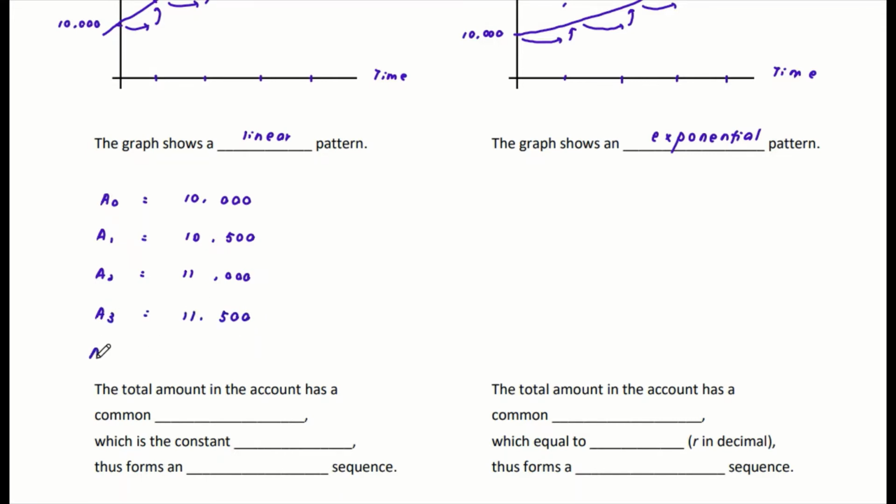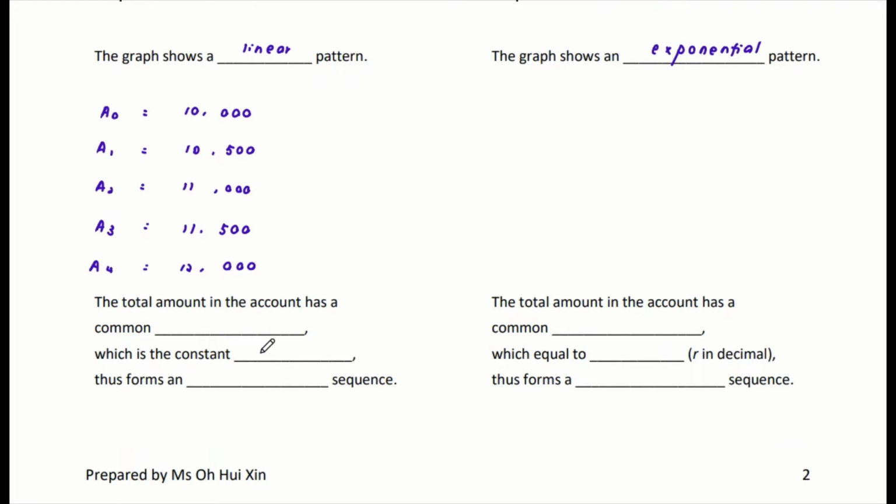Then after that, A4, you have 12,000. So what you can see here is that the total amount in the account has a common difference. From 10,000 to 10,500 is plus 500. Moving on again, plus another 500 and so on.